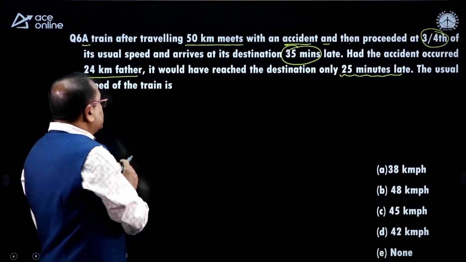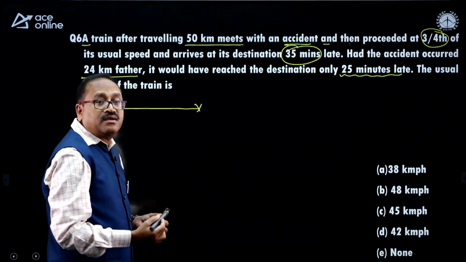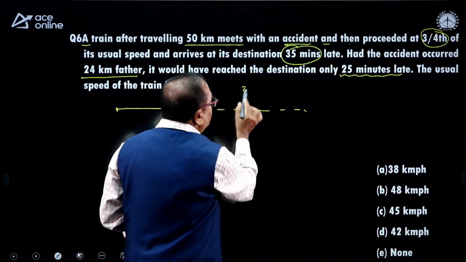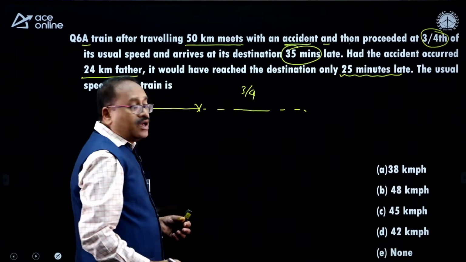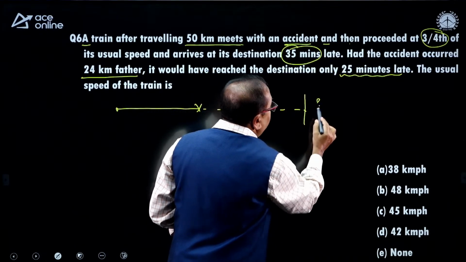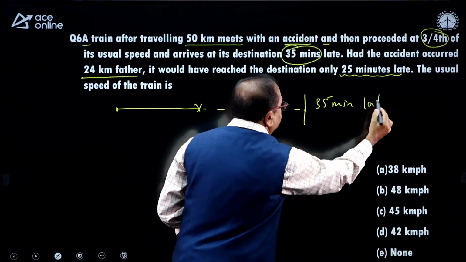In the previous case, if the accident occurs over here, then he started traveling with a speed of 3/4 and reached the destination how many minutes late? 35 minutes late.